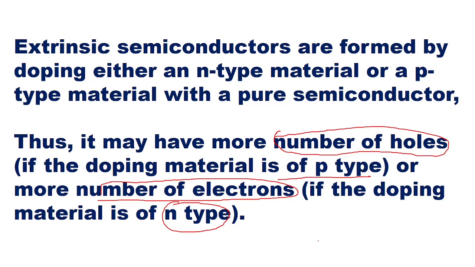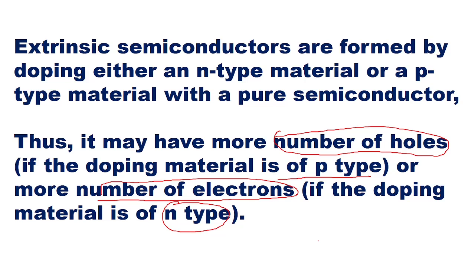So the number of holes will not be equal to the number of electrons as a complete concept of extrinsic semiconductor, whether it is an n-type semiconductor or a p-type semiconductor. If it is n-type, there are more free electrons. If it is p-type, there are more holes. So either of these will be more and the other one will be less.